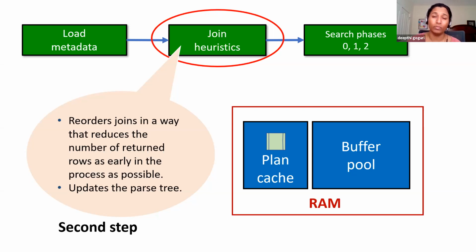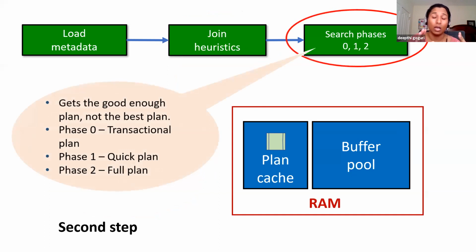Once again, with that information, the parse tree inside the plan cache is updated, and our query will now go to the search phases. I am going to discuss the search phases in the very next slide. But for now, just remember that the optimizer is a cost-based optimizer. It always wants to choose a good enough plan instead of the best plan, right?